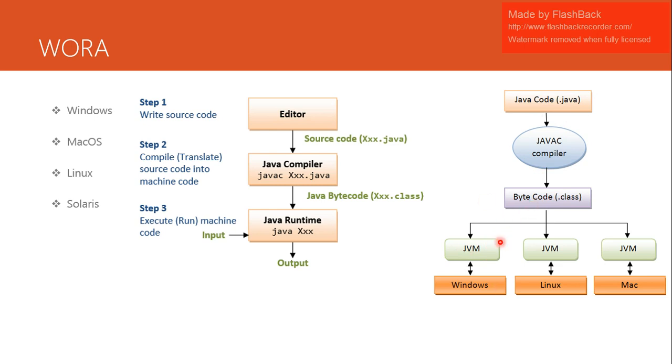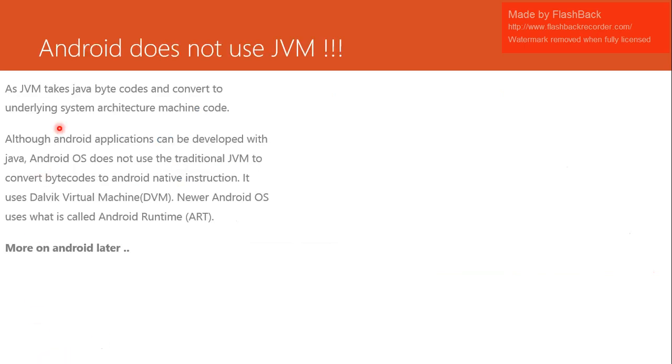On getting to the Windows operating system, the JVM takes it and converts it to what Windows can run. And same to Linux and same to Mac, so it's pretty cool. Now, Android does not use JVM.